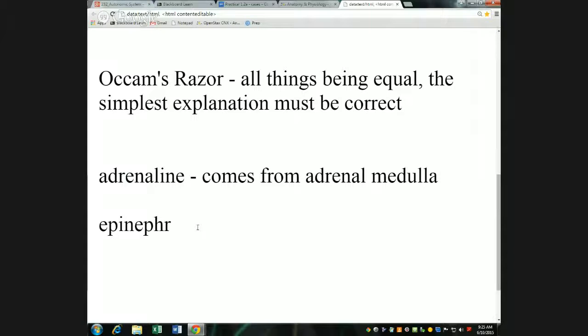And then if we put ine on the end of this word, just like on the end of adrenaline, we have epinephrine. Okay. Epinephrine is the exact same thing as adrenaline. Okay. Different word for the same thing. It helps scientists get around that trademark issue when they're publishing papers about it. Okay. Now, you've probably heard of epinephrine, or more likely, the EpiPen or something like that.